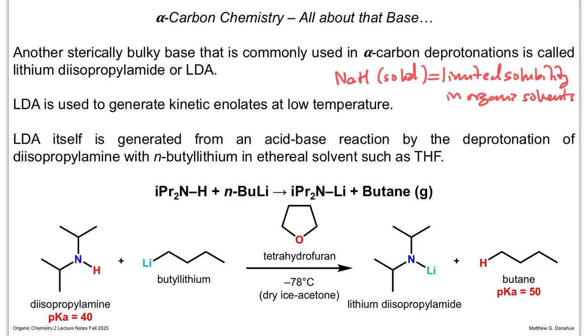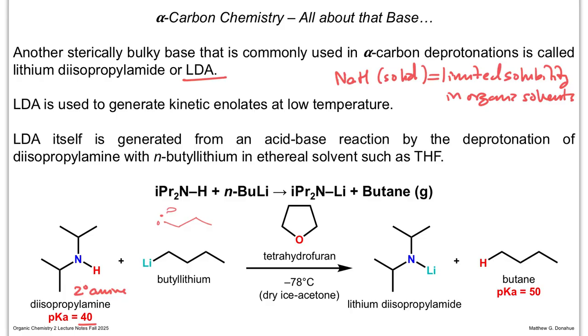A soluble organic base that is strong is called LDA, or lithium diisopropyl amide. And it is generated from diisopropylamine, so a secondary amine. So there's only one NH. It's a pretty weak acid, diisopropylamine. So we have to use a very strong base to deprotonate it. That's N-butyl lithium.